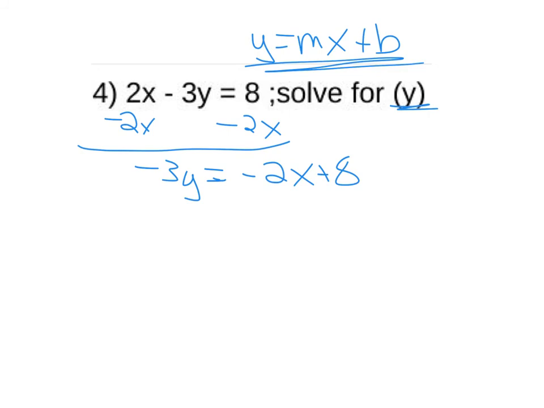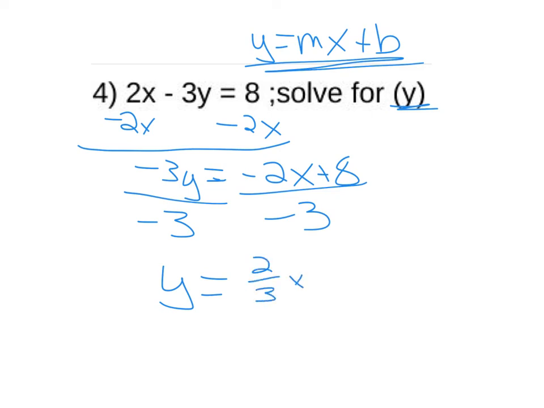But if you have 8 minus 2x, that wouldn't matter either. The next step here is we are going to want to divide by a negative 3. This is where we need to be careful, because we're going to try to break this apart. Negative 2 divided by negative 3 becomes 2/3 x.